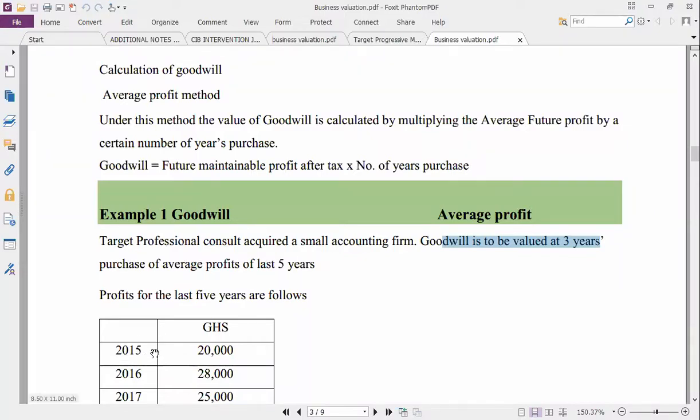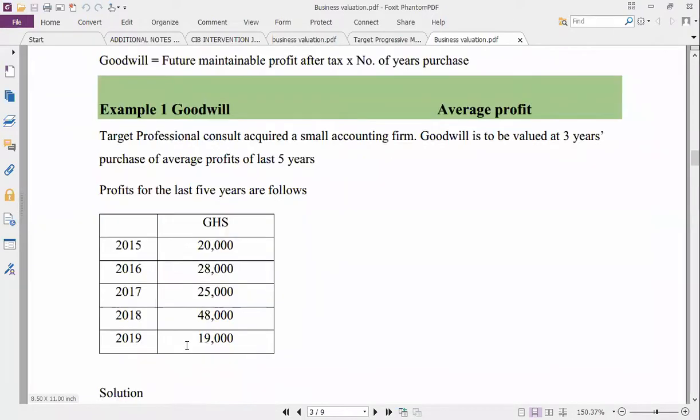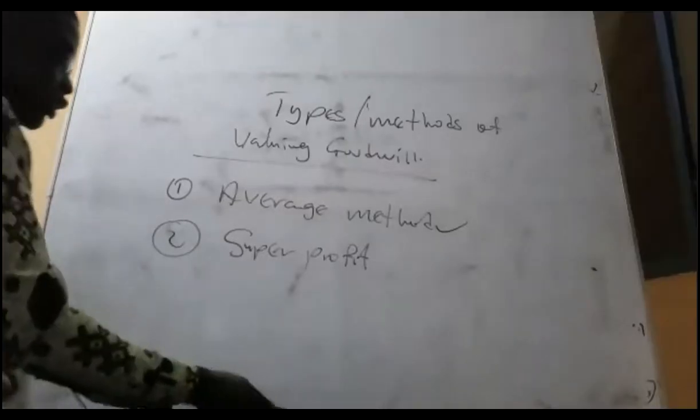First of all, find the average profit for the last years. They say last 5 years, so they have to give us the last 5 years profit. You find the average. How do you find average? You sum all these figures up, then you divide it by 5, the number of observations. That's the first one. So if you go to the board, it will be like this.